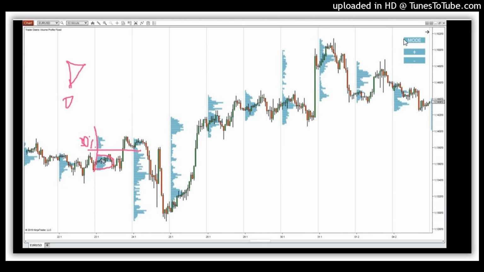What happens after a trend is a rotation. This is a D-shaped profile. What is next is another thin profile, which is a sign of trend development. And after a trend, as usual, there's a rotation with D-shaped profiles.